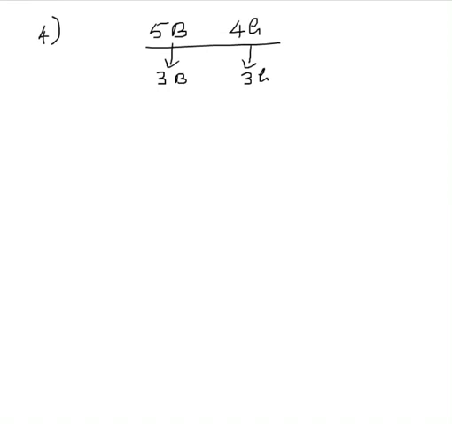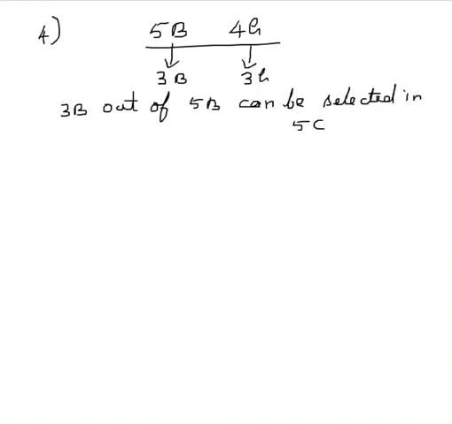This is only a selection question, so it is a combination question. 3 boys out of 5 boys can be selected in 5C3 ways. Similarly, 3 girls out of 4 girls can be selected in 4C3 ways.